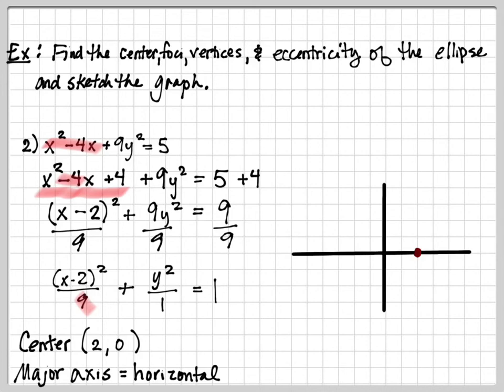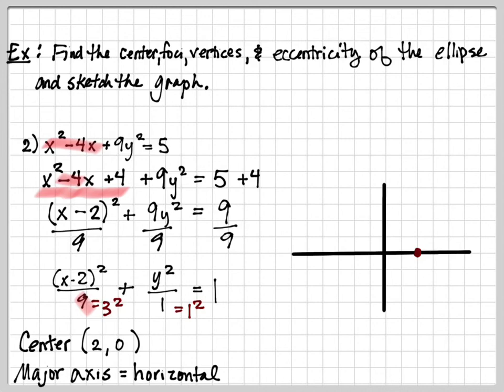So you told me 3. So will I go 3 left and right, Caleb, or will I go 3 up and down? Up and down. Nope, right. Why? It's horizontal. Yeah, because it's horizontal. So the number underneath the x squared component, when I square root it, because this is really 3 squared and this one is 1 squared, the 3 tells me I go left and right 3, and it's underneath the x.